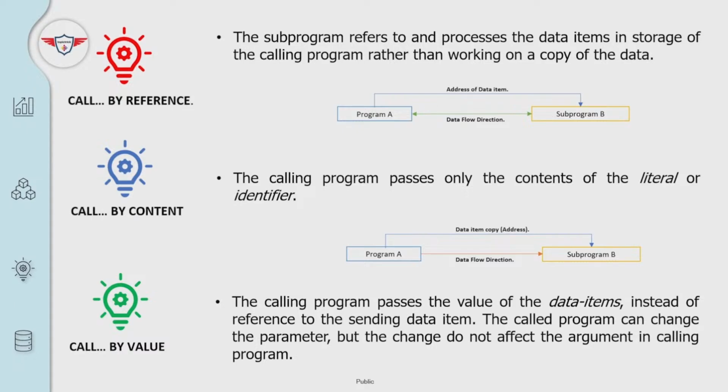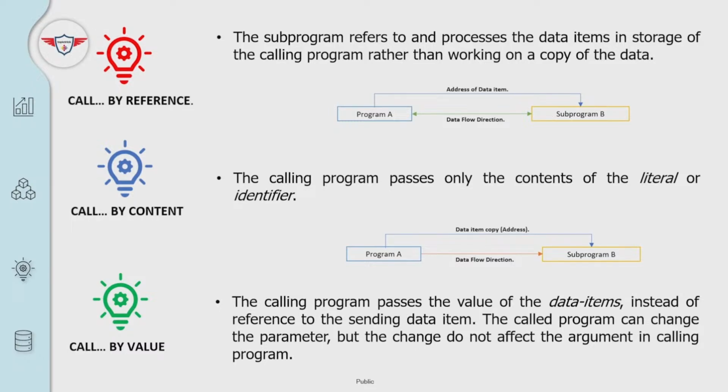What it does is create a copy of the data item and then pass the address of that copy to subprogram B. If the subprogram makes any changes to those variables that it has received from program A, then those changes will only be reflected in subprogram B. They will not be reflected in program A, because both programs are actually accessing different memory locations.